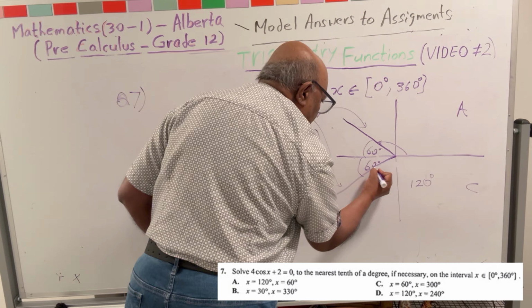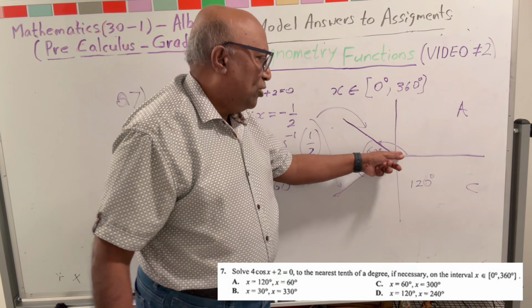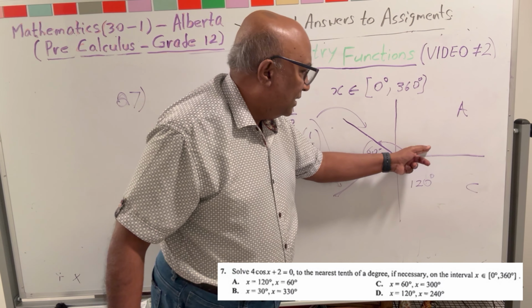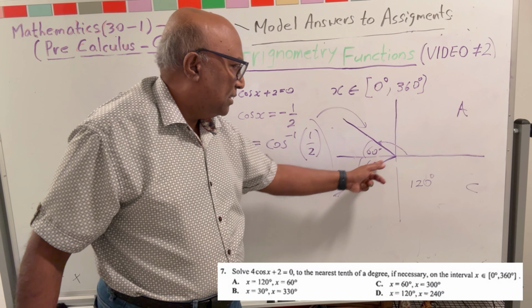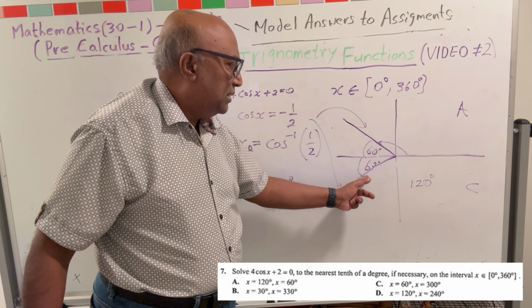For this position, we have to measure the standard position angle from the initial arm, the positive x-axis, in the counterclockwise direction. 180 plus 60, that is 240. Within this interval, the corresponding answers are 120 and 240 degrees. The correct answer is answer number D.